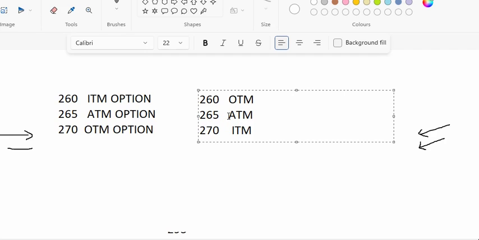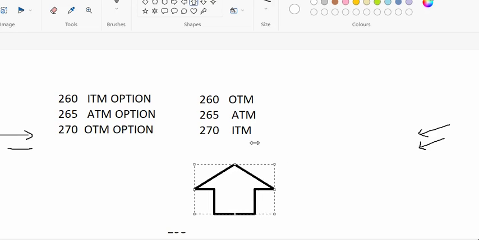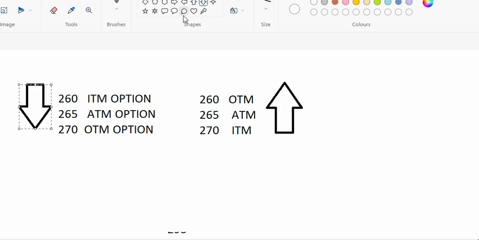Because when you think about the put side, put is what? With a put you're expecting the market or the price to go down. That's why you need to move from the higher price to the lower price. The higher price is this side, and the call side works completely opposite, just like this.